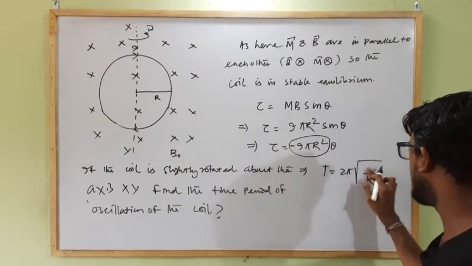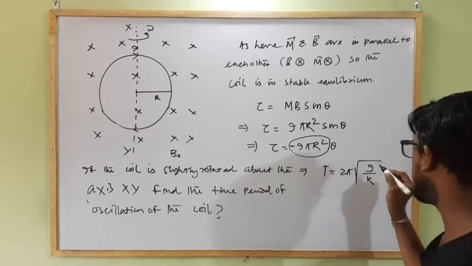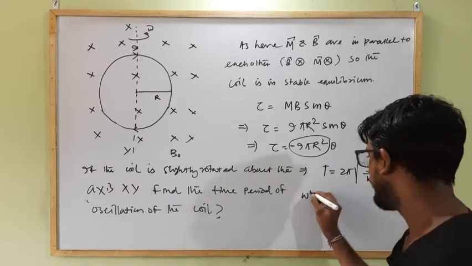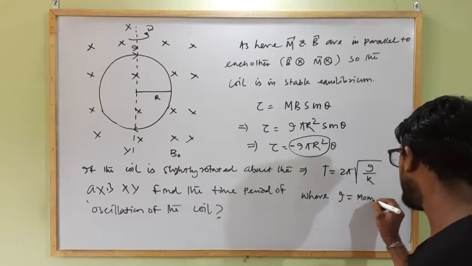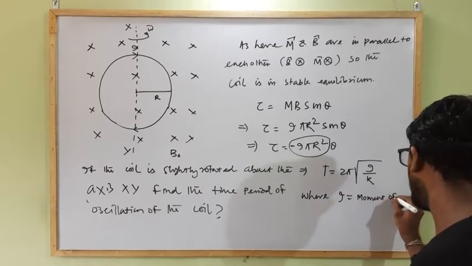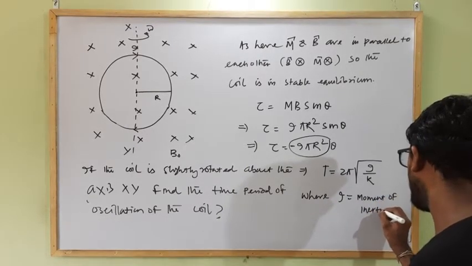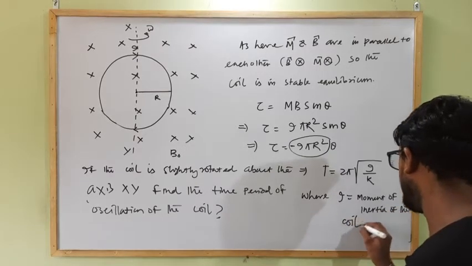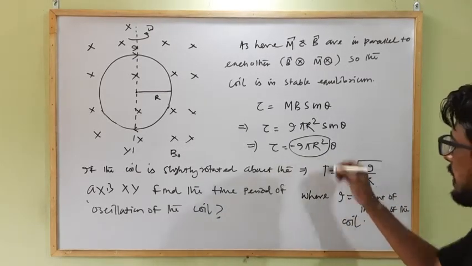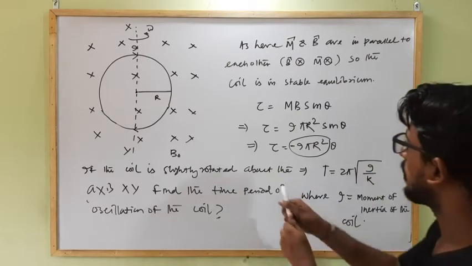In place of m it will be I by k, where I equal to the moment of inertia of the coil. Clear? And this is k, as tau equal to k theta.